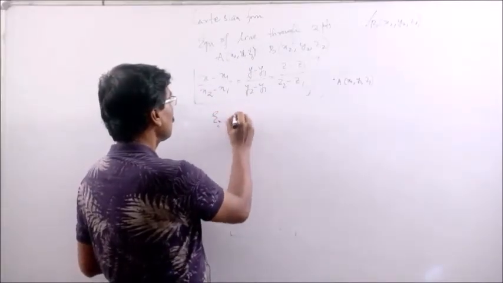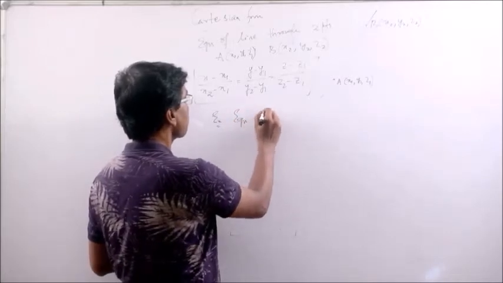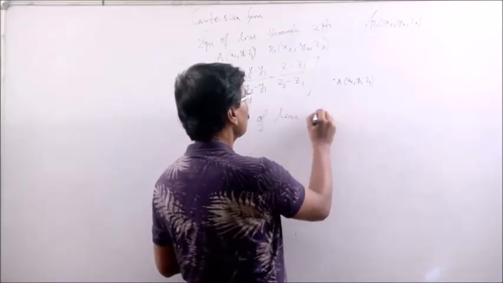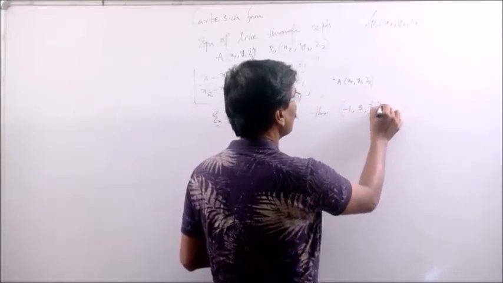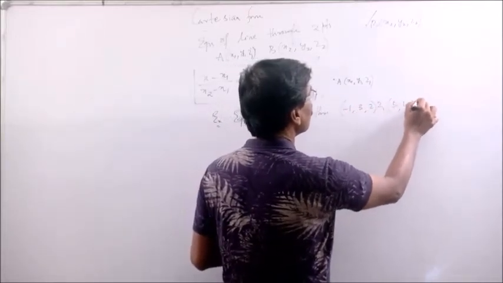Say, the equation of the line through (minus 1, 3, 2) and (5, 4, minus 1).